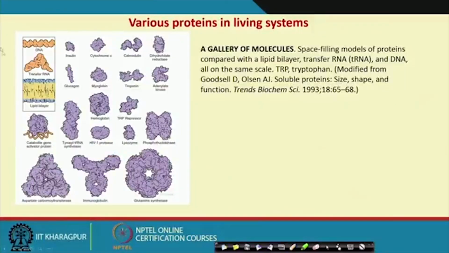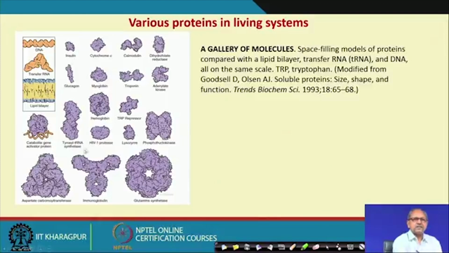So, here we can see different proteins of different sizes. This is insulin, glucagon, which act as hormones. This is cytochrome C, which acts as the electron transport carrier. Calmodulin acts as a calcium binding protein. Troponin acts in the actin-myosin, that is muscle contraction activity.